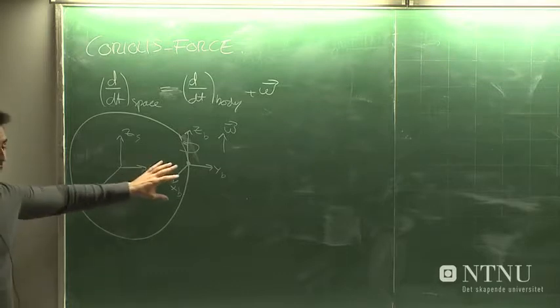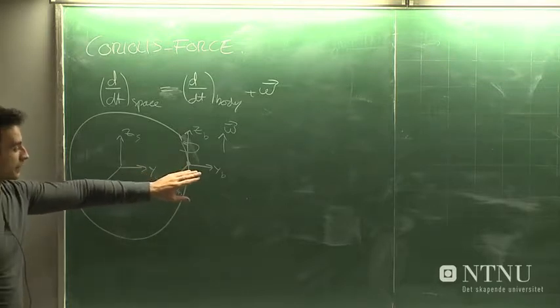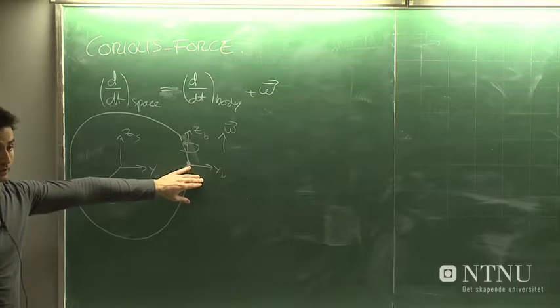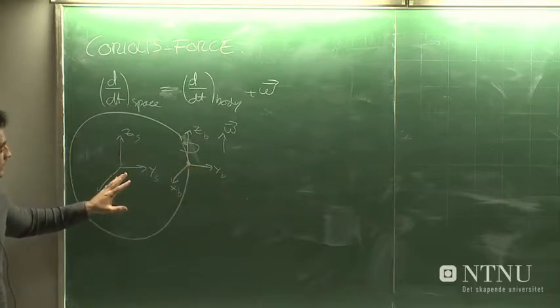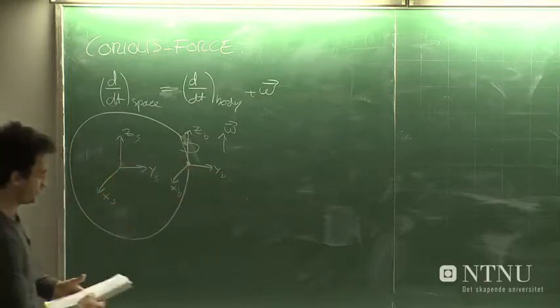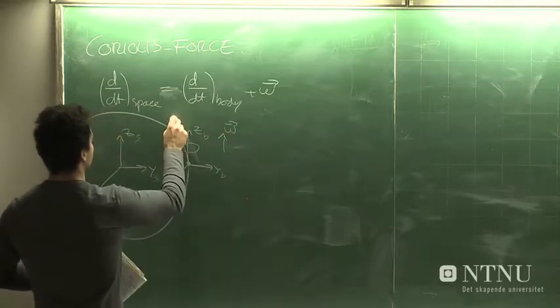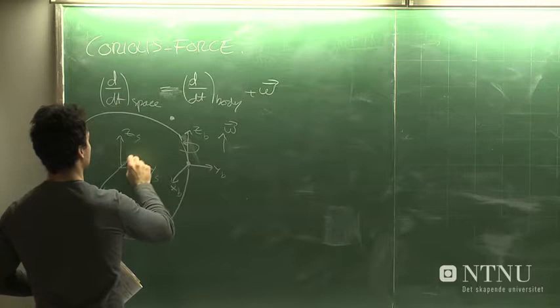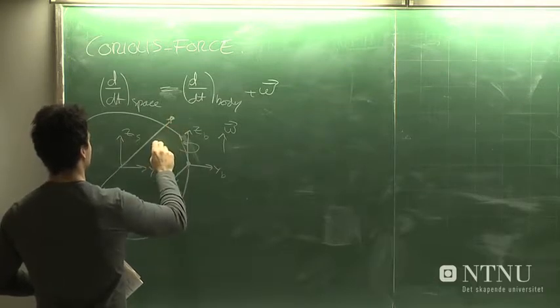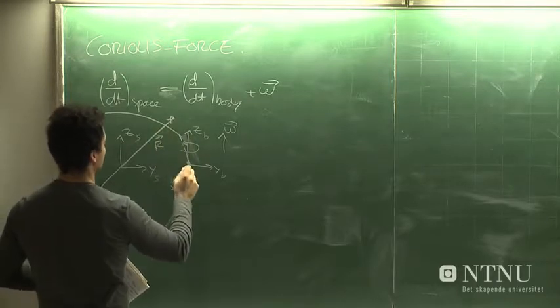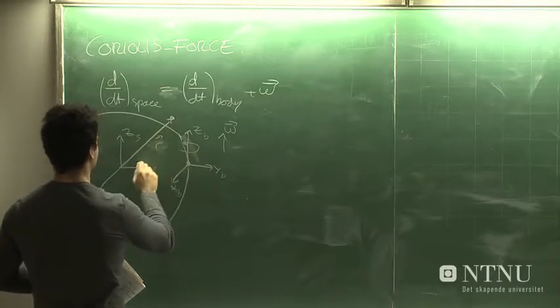Now I have a slightly different scenario. I have a rotating system with an origo that does not coincide with the stationary system. So if I have some vector here, I'll call this r.